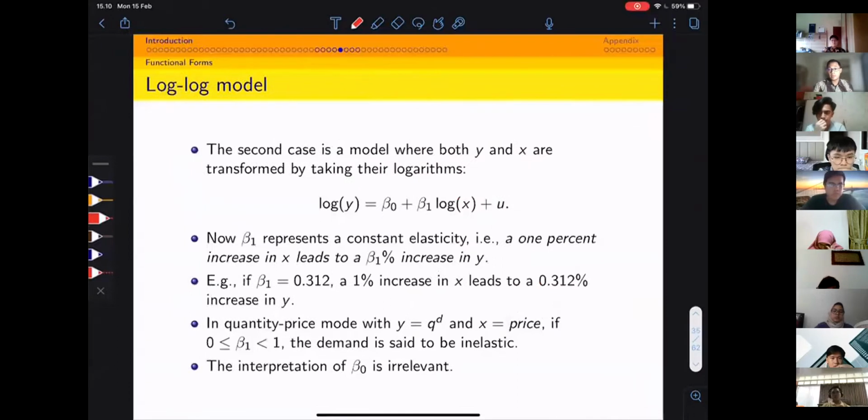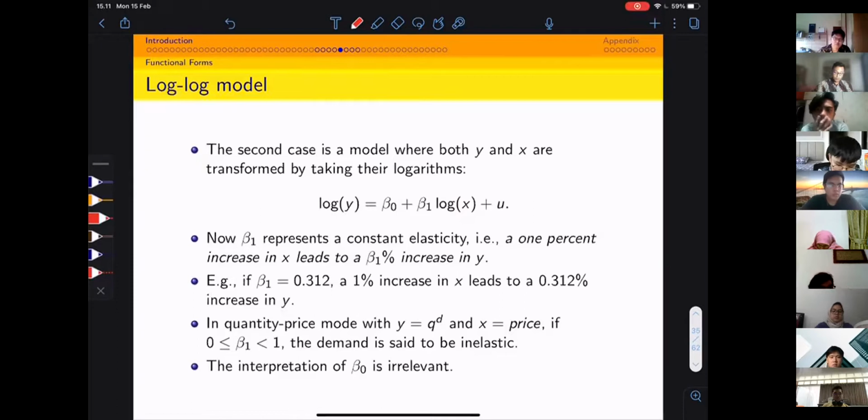Another transformation is when you transform both y and x. So you have log y and log x. Now the interpretation is quite different, in the sense that beta 1 is going to represent a constant elasticity.